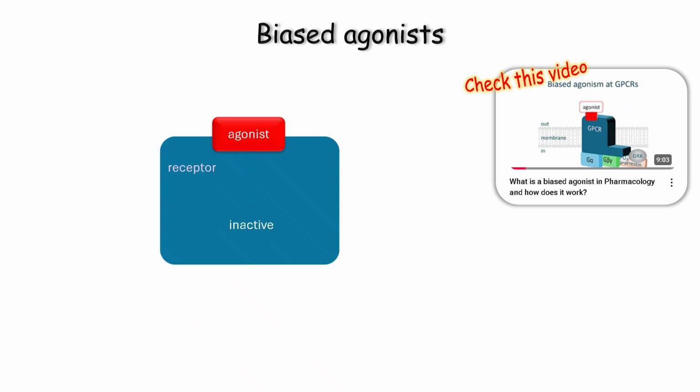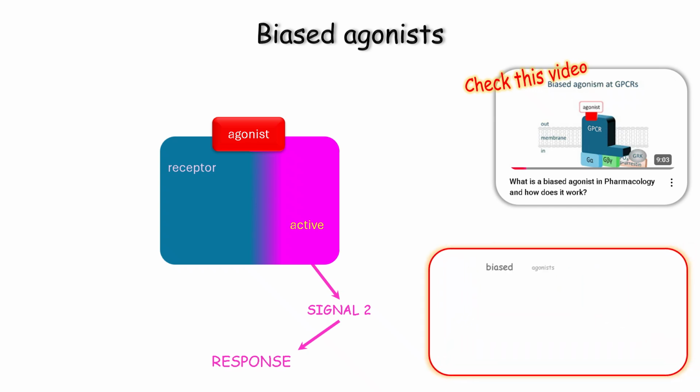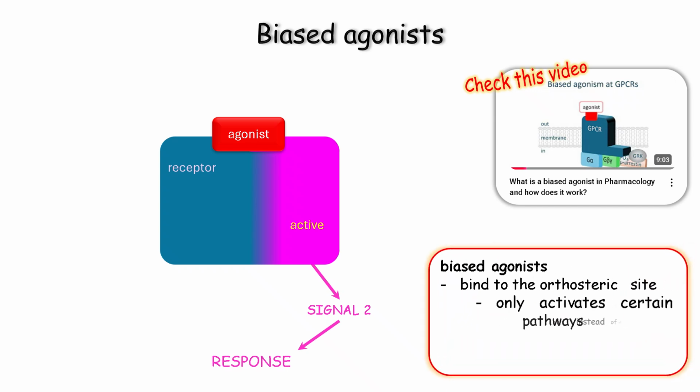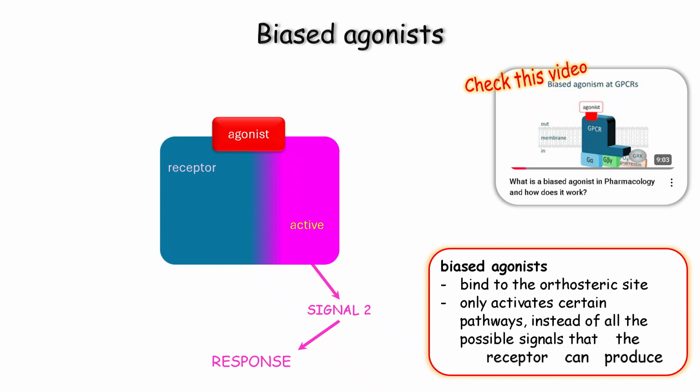Other agonists can affect the conformation of the receptor in such a way that another signaling pathway is preferentially activated, again leading to a different cellular response. So, the definition of a biased agonist is that it binds to the orthosteric site on the receptor, but only activates certain signaling pathways instead of all the pathways that the receptor is capable of affecting.